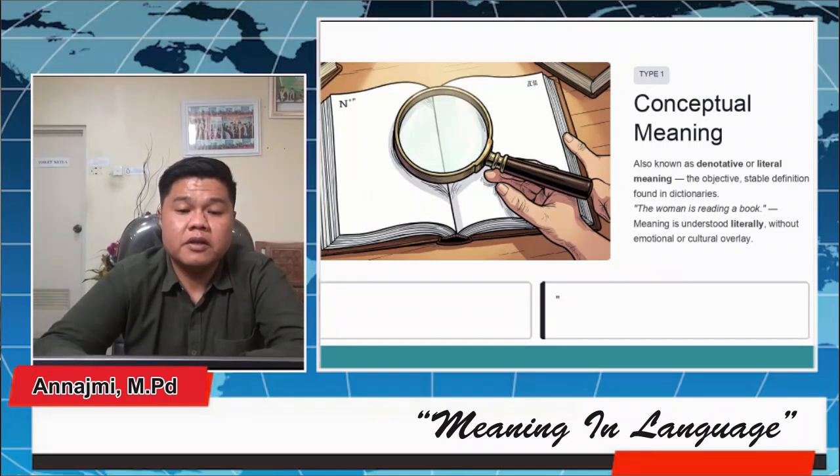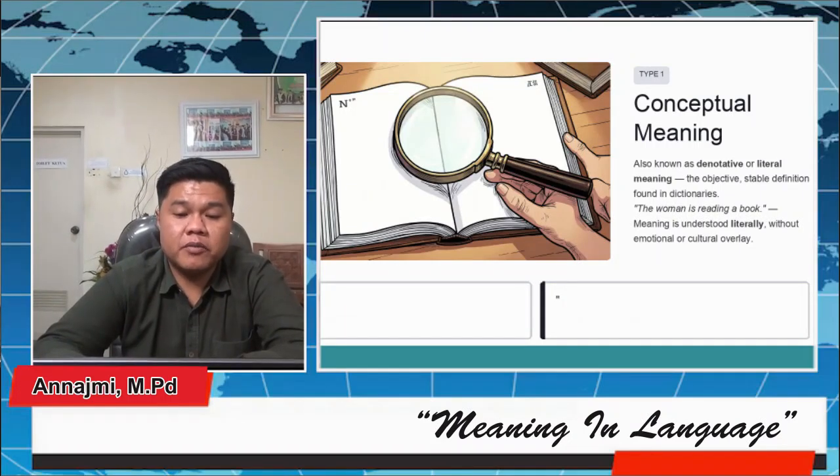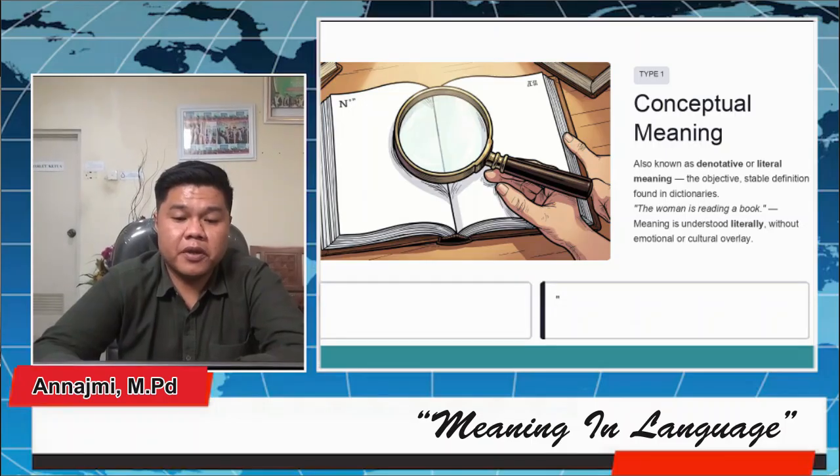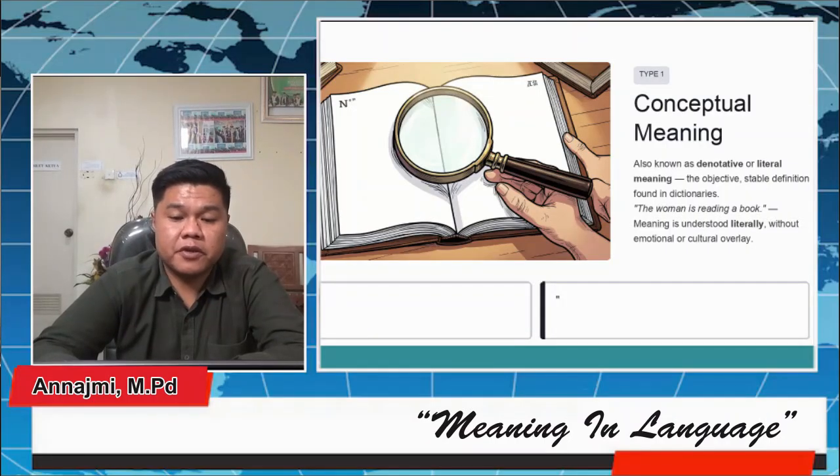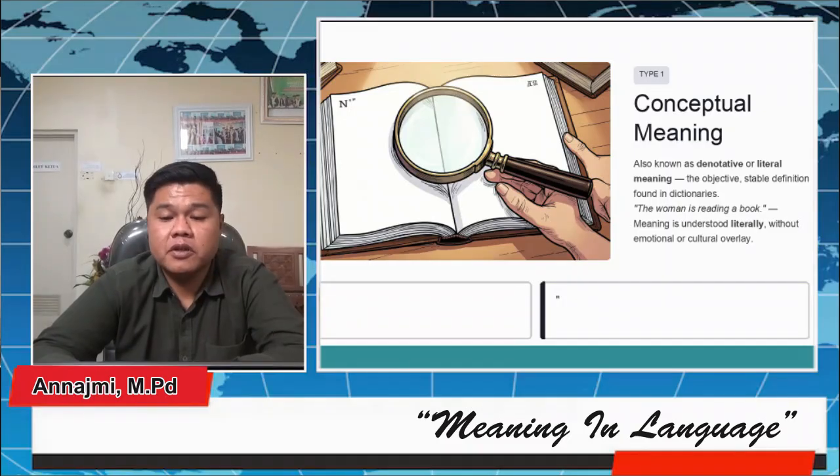When we say, "The woman is reading a book," we normally interpret the sentence literally without adding emotions or cultural associations. Conceptual meaning serves as the foundation of communication because it provides a common understanding among language users.